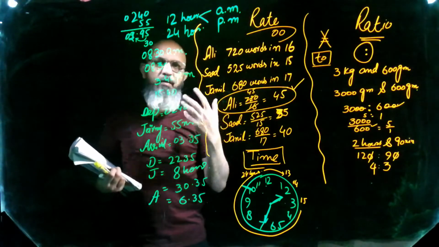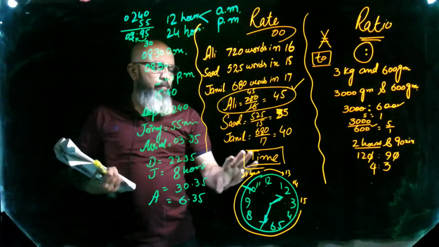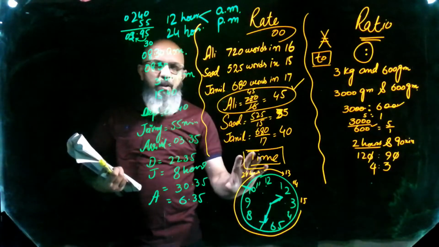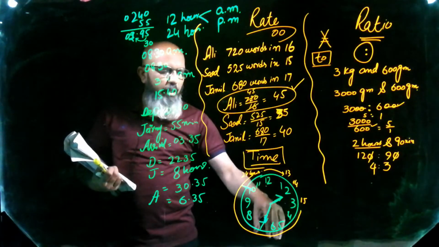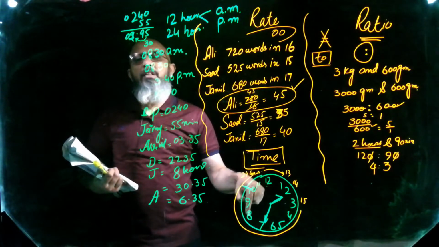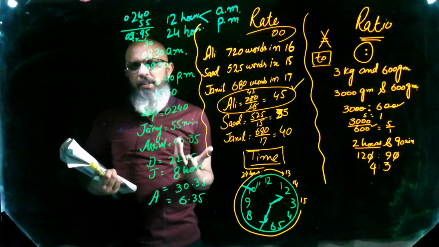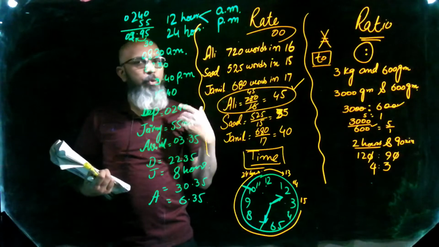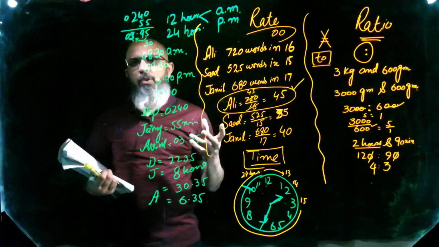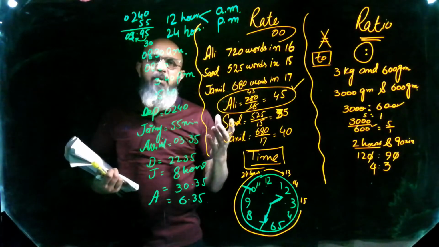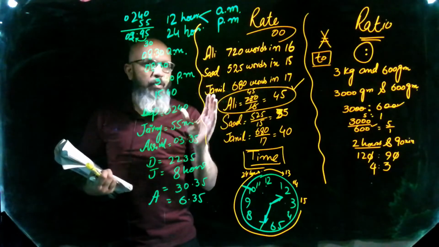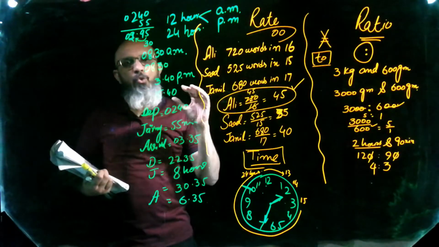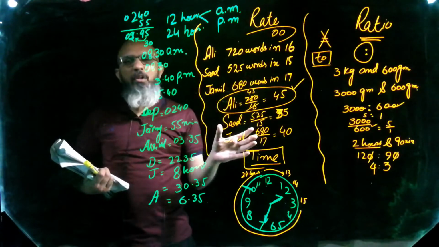Otherwise, you can make a simple clock and then calculate your hours or minutes. That is easier for you if you make a clock. It's up to you. I always say every student has their own method of calculation, so adopt your own method in which you are comfortable.